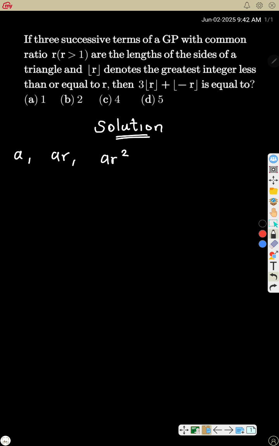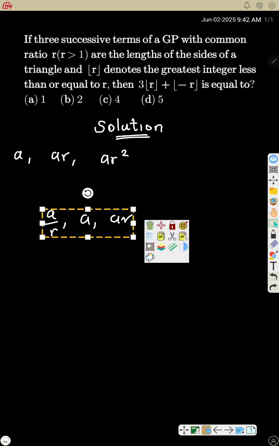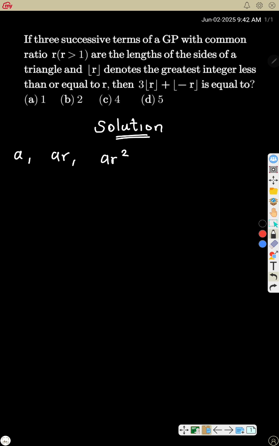Take note, if you are taking consecutive terms of a GP, you can use a, ar, ar square, or a over r, a, ar. But I'll go with this because of the triangle involved, though you can use any one. So now these are the three consecutive terms of the GP.